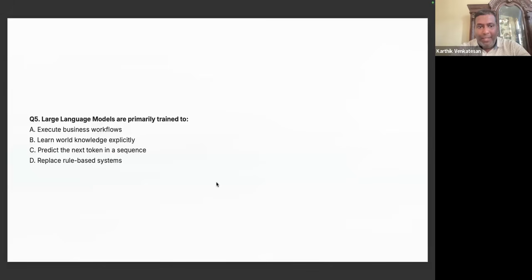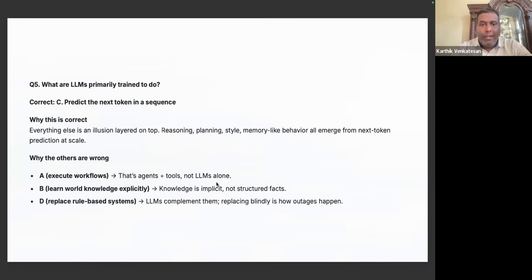Some people say B and some people say C. I can see why some people think that way. Definitely not A, execute business workflows. That's agents. Agents can run the business workflows, not the LLM. LLMs are primarily trained to predict the next token in a sequence.